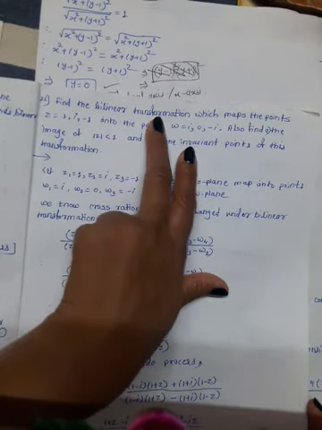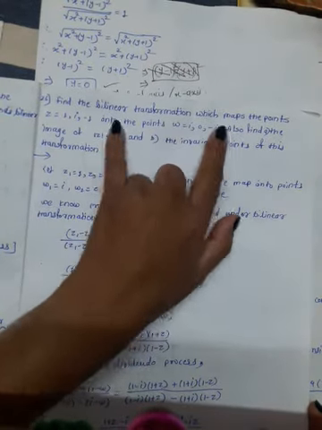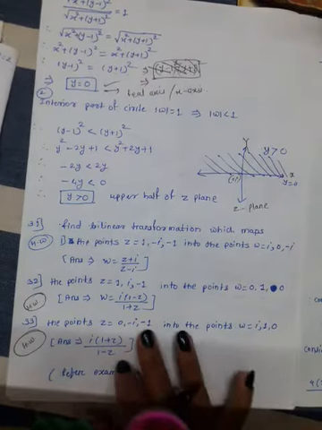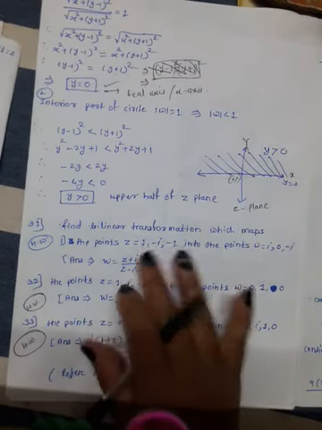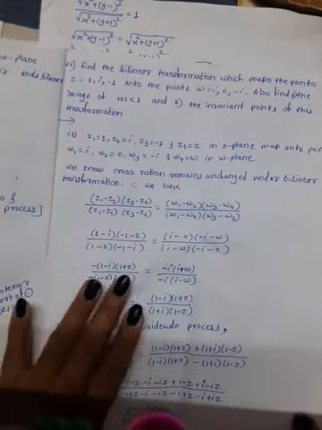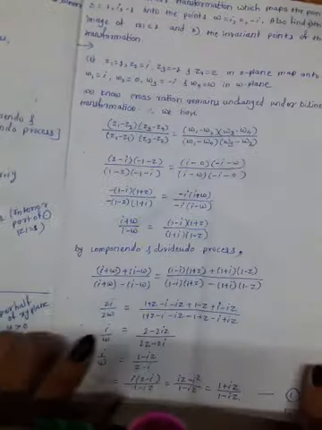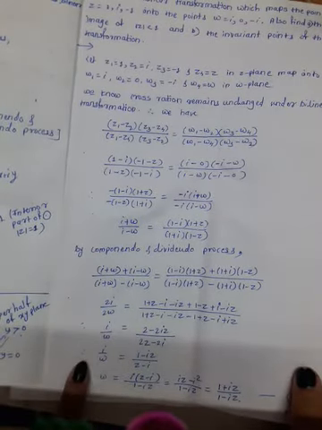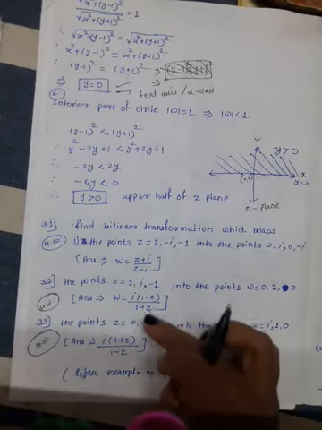We have to find the bilinear transformation. This is the only question here. Refer to example number 26, just use it as it is, and find the transformation, that is W in terms of Z. The answer is given.